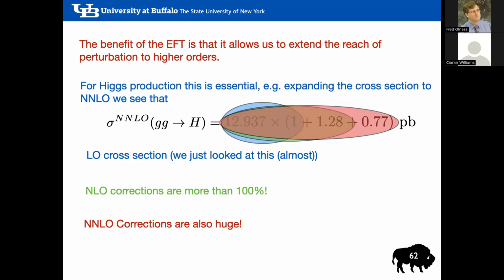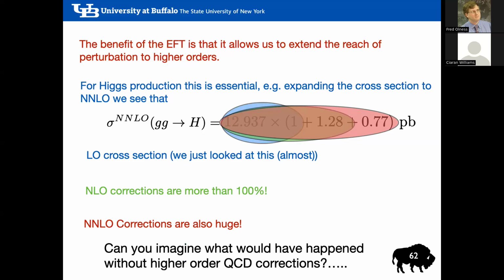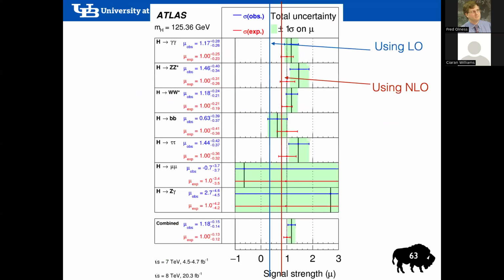And so to play devil's advocate, you can imagine what would happen if we didn't have this number here. If we just had some kind of Higgs-Pythia style game where we just took the leading order number and hoped for the best. So what would happen? If we were to use just leading order, then our Higgs cross-section would be this blue line here.